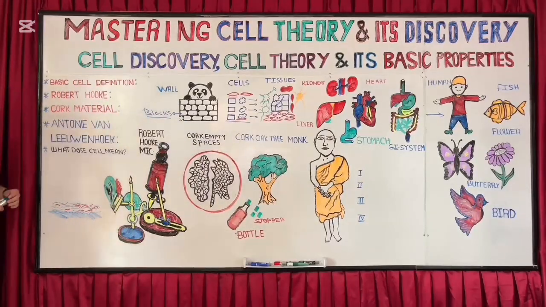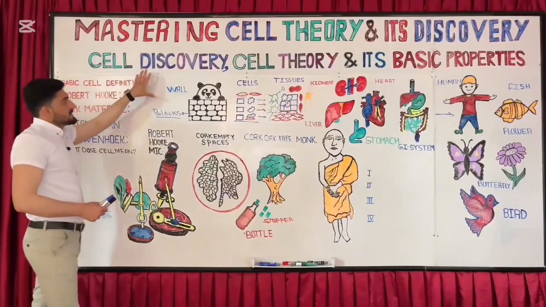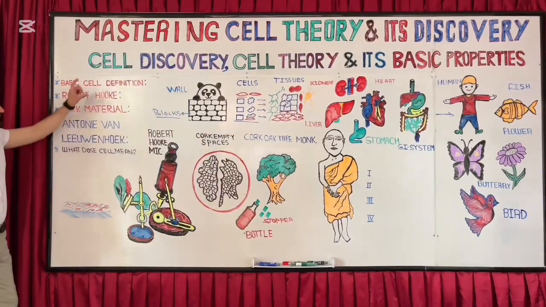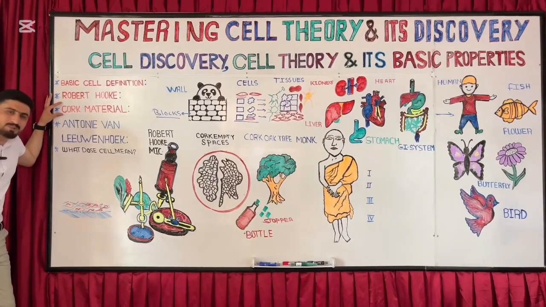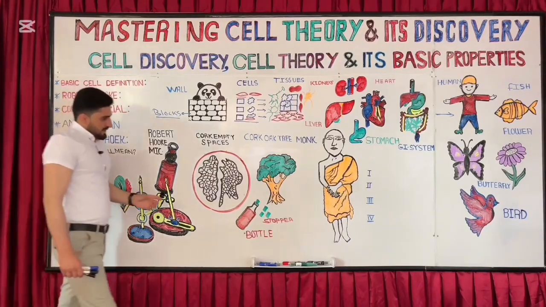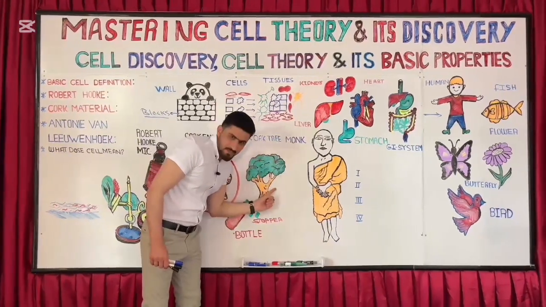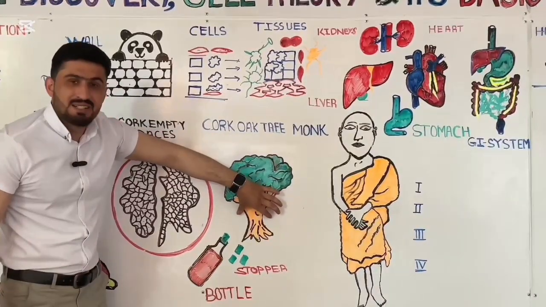So now let's move to the next part of our lecture, which is about the story of cell discovery. Before we dig into this part, let me give you a little bit of information about cork material. Cork is the outer part of the cork oak tree, which grows in Mediterranean regions.